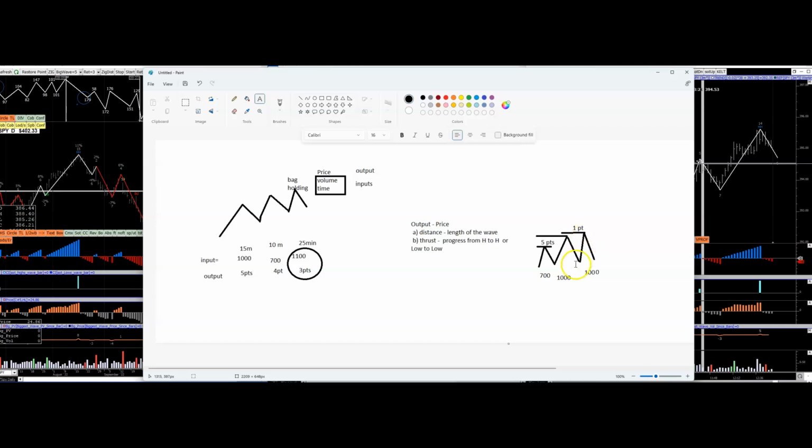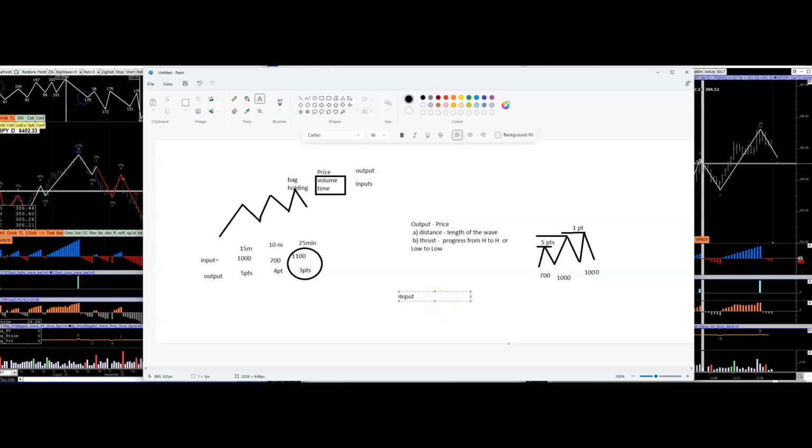That was exhausting, bringing the market all the way back up because of this deep wave down. So there's a problem here because you went from 5 points to only 1 point on the same amount of volume and same amount of effort, but getting less reward in terms of price progress from high to high, aka the thrust.